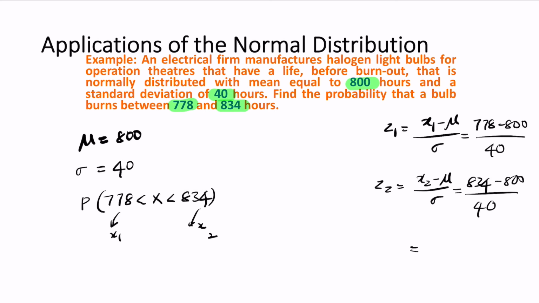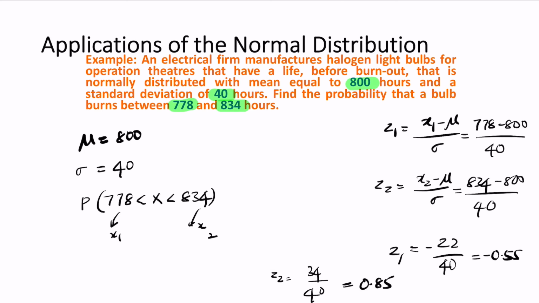So 778 minus 800 will give you 22 by 40 for z1, and z2 is 34 by 40. Sorry, this is negative 22 by 40. When you calculate negative 22 by 40, the value is minus 0.55. For 34 by 40, that value is 0.85.